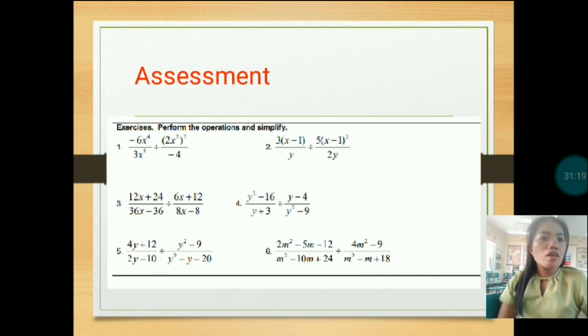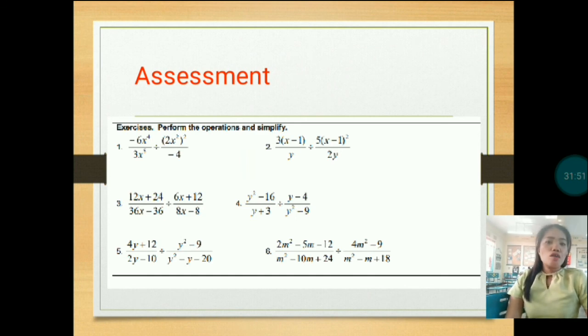Number 2, 3 times the quantity of x minus 1 over y divided by 5 times the quantity of x minus 1 squared over 2y. Number 3, 12x plus 24 divided by 36x minus 36 divided by 6x plus 12 over 8x minus 8. Number 4, y squared minus 16 over y plus 3 divided by y minus 4 over y squared minus 9.